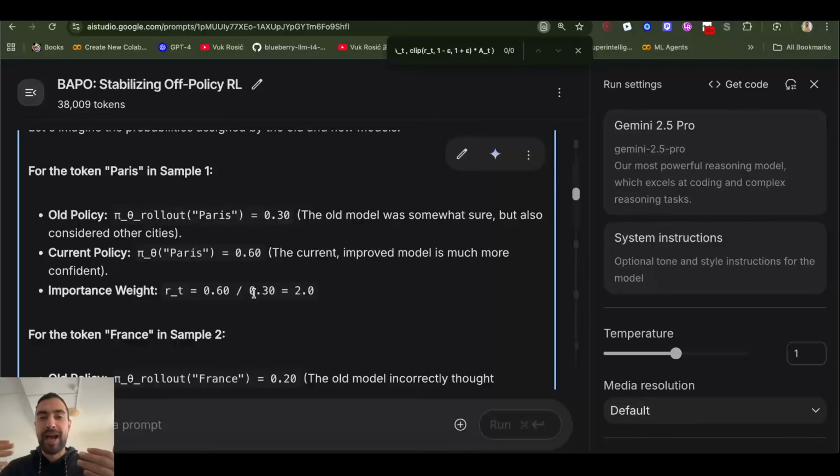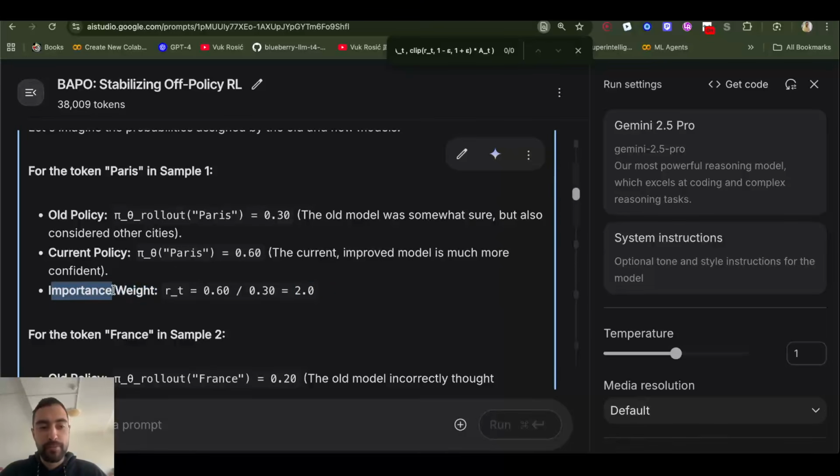It got a reward. So now it updated weights, and the second time we asked the same question, we checked that now it thinks Paris is even likelier, 60%. So that's gonna give us the importance ratio, the new likeliness over the old likeliness. So it's 2. So now this is the weight.